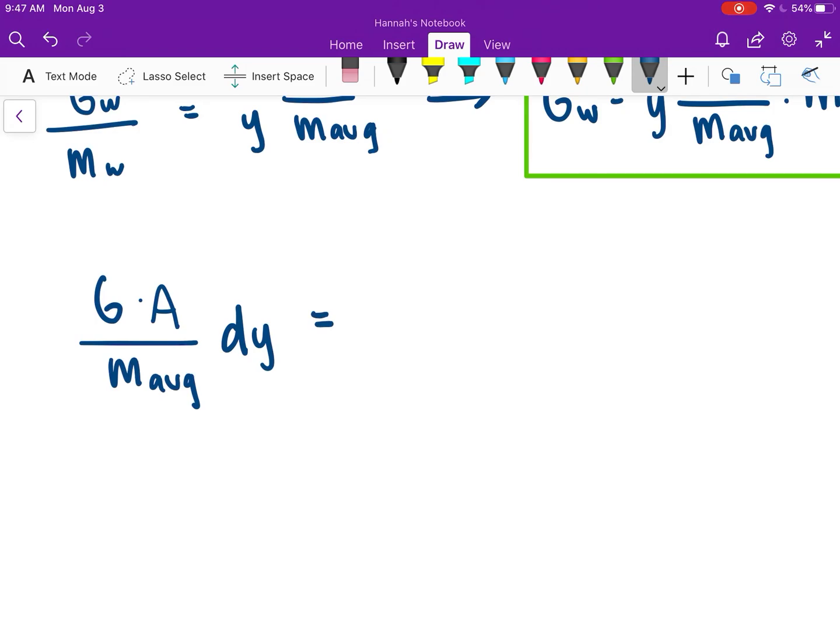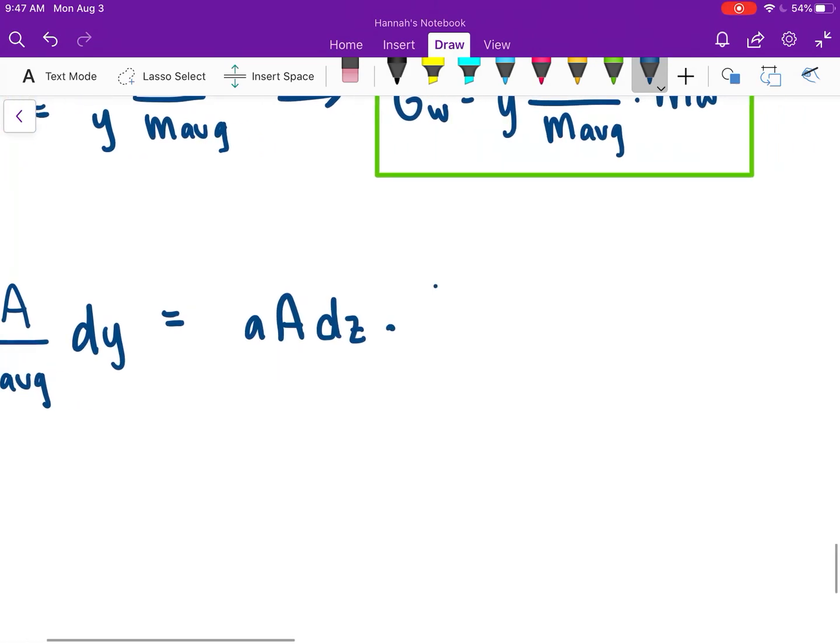And that is going to be equal to the area per volume, which is that little a, big A, and then change in position. And then multiplying that by the molar flux, which is the same as above, which is that Kc, and then the change in concentration from the interface to the bulk of the water.